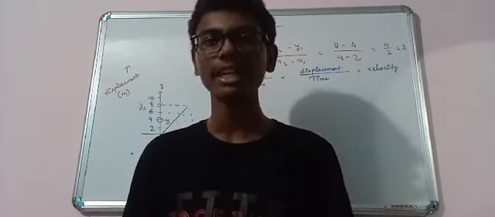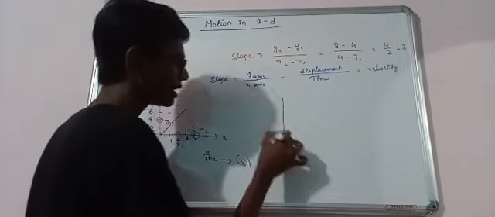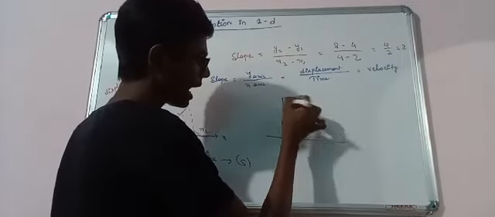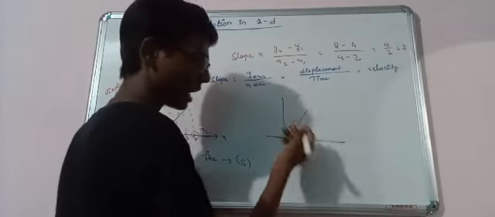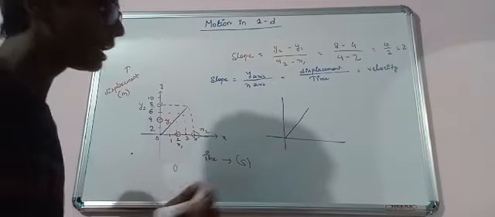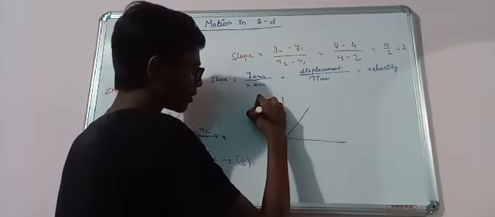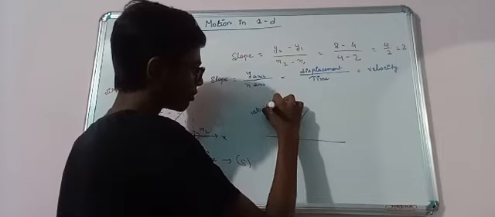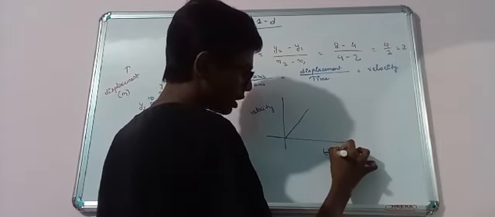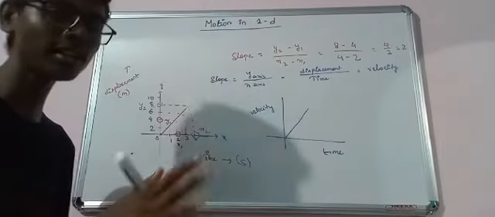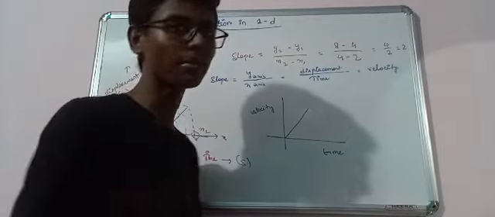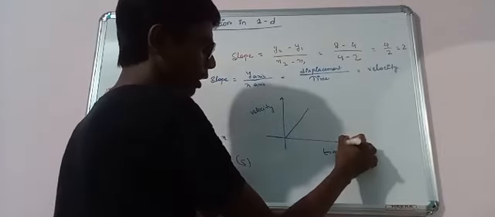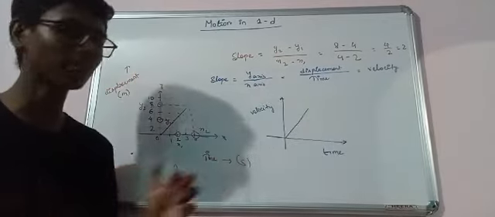Still, I am telling you what area is. Suppose I have got some graph like this. Okay, again, same thing. Now, suppose the graph is a velocity time graph. I will explain velocity time graphs in detail in my next video, the way I explained the displacement time graph today. Just know what area is, a basic idea I am giving you.